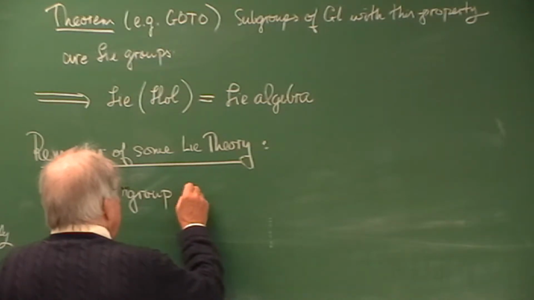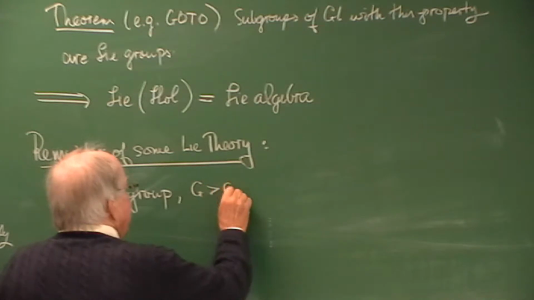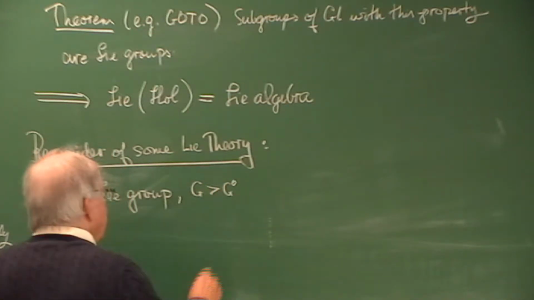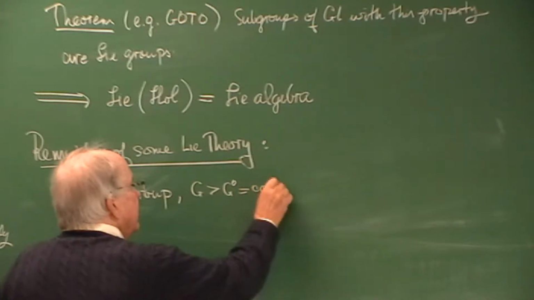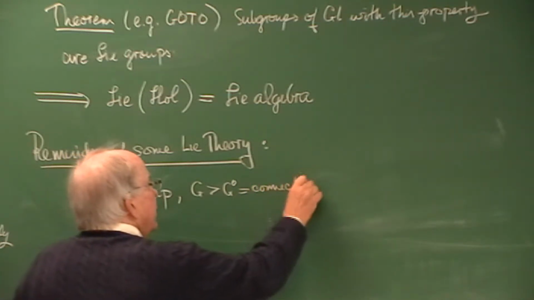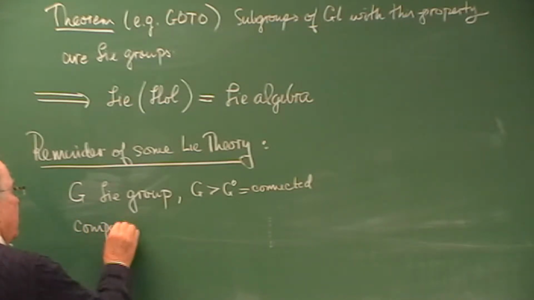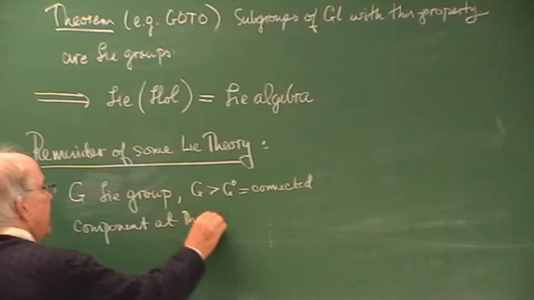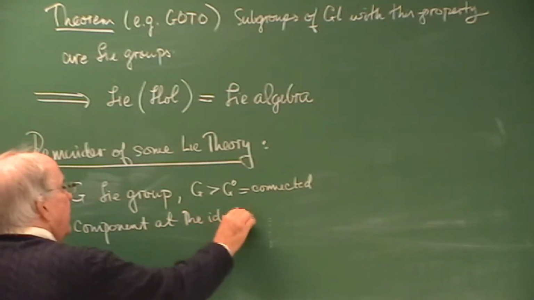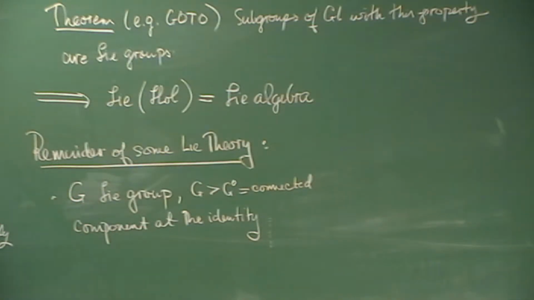And let's notice that this contains its connected component. This is the connected component of the identity, and in this case that will be the restricted holonomy.